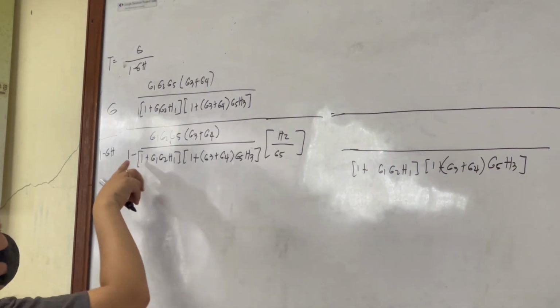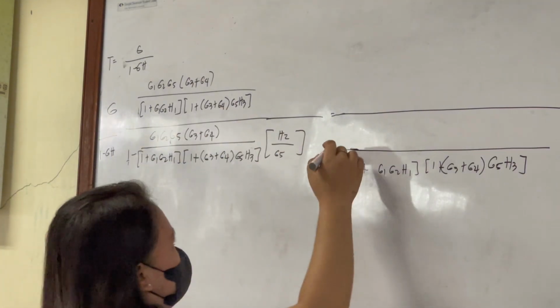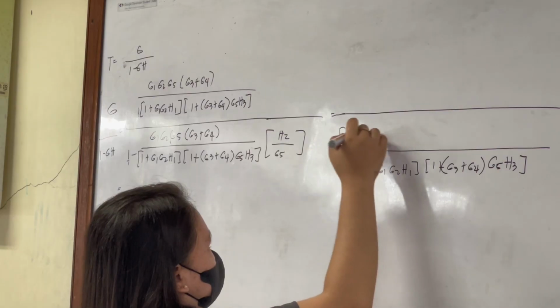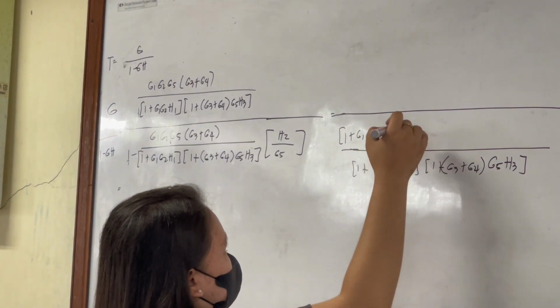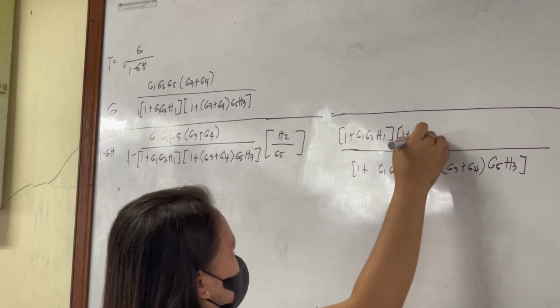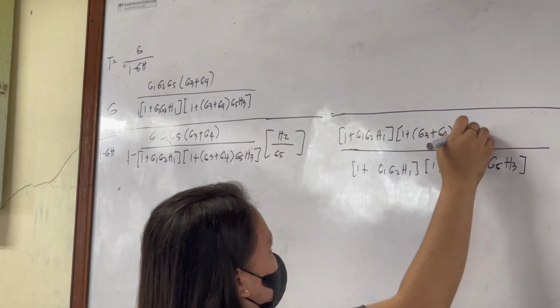This denominator divided by, this 1 multiplied with 1, 1 plus G1, G2, H1, multiplied with 1 plus G3 plus G4, G5, H3.